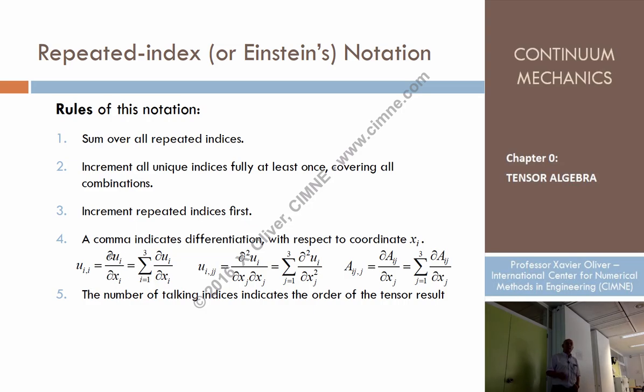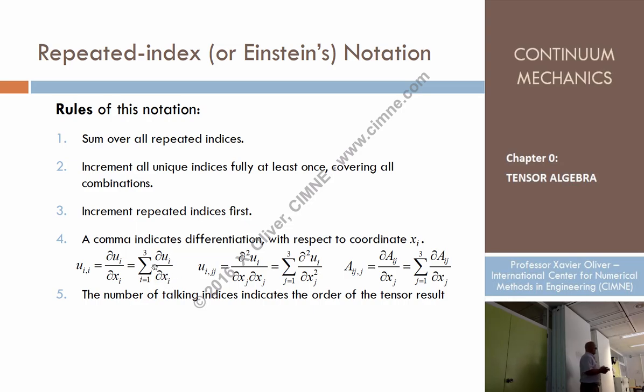So that is represented as the sum of i equal 1 to 3 of the derivative of u_i with respect to x_i. So it's, in fact, the full expansion of that: derivative of u_1 with respect to x_1 plus derivative of u_2 with respect to x_2 plus derivative of u_3 with respect to x_3. Why? Because i varies from 1 to 3, and here this index is repeating.